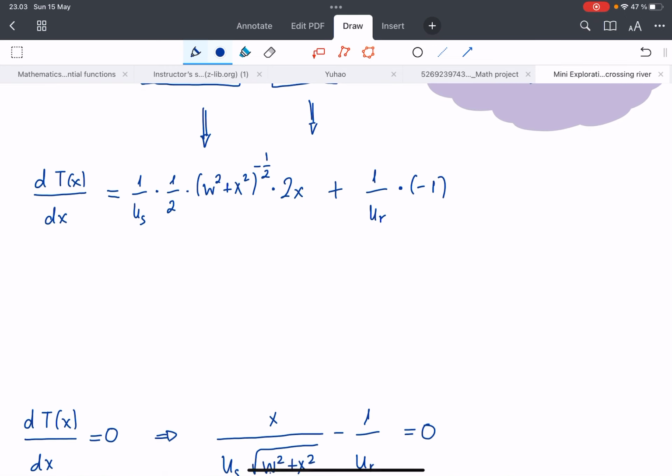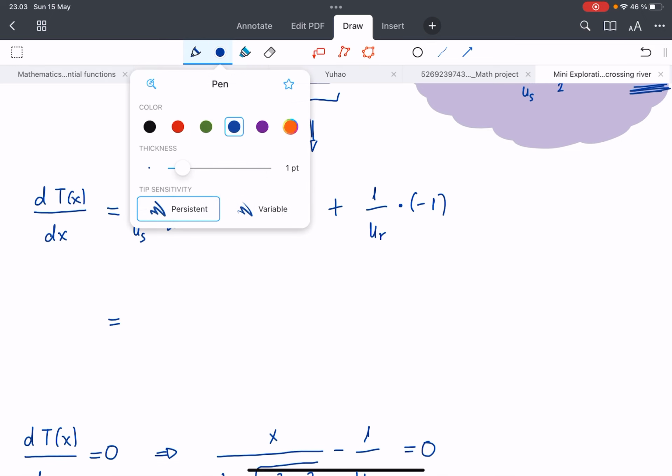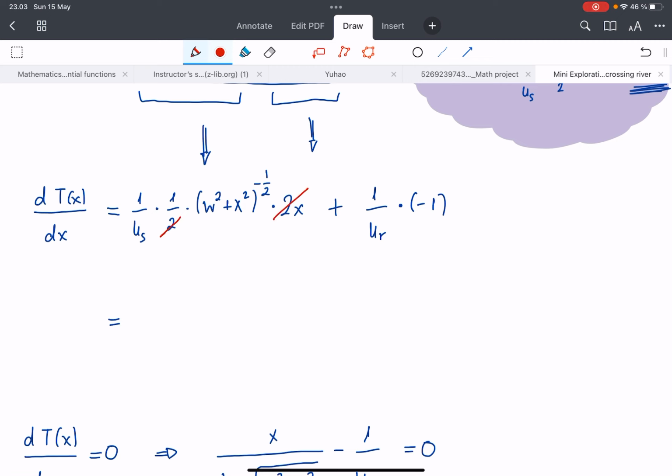And you can rewrite this as, the 2 cancels out, and you will have x divided by vs times the square root of w squared plus x squared, minus 1 over VR. So this is now an expression of the derivative of the total time it takes.